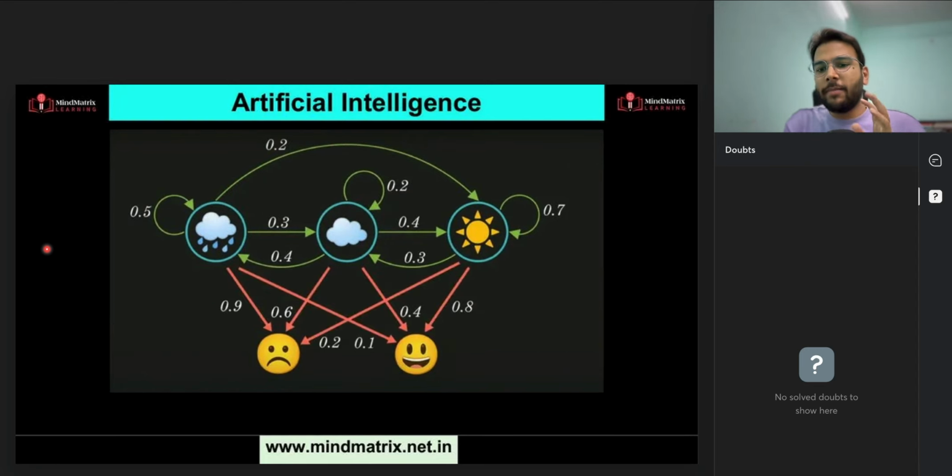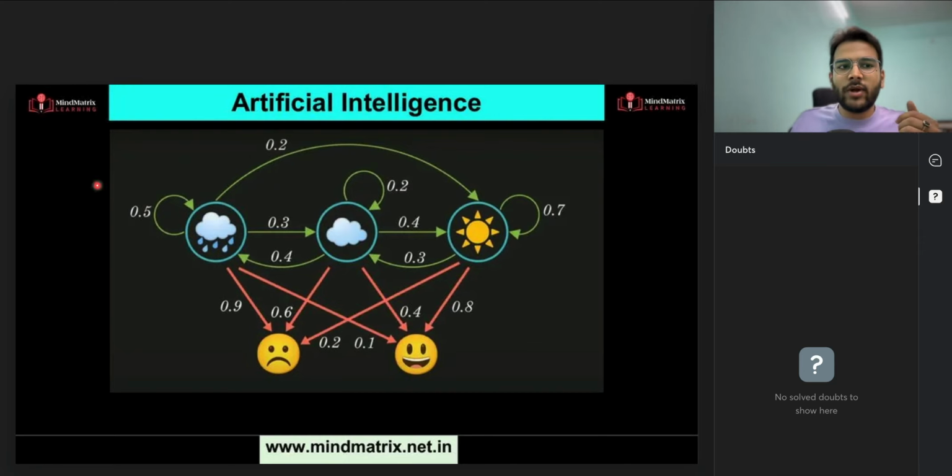These emission probabilities are also given to you. Based on this diagram, the transition probabilities are represented by green arrows, and to differentiate, the emission probabilities are given in the red arrows.